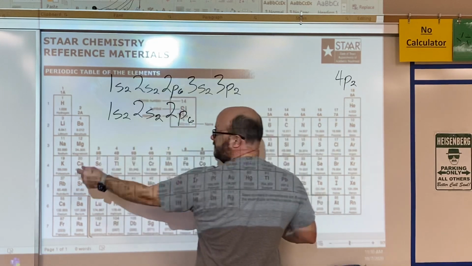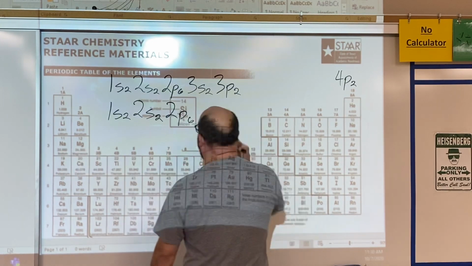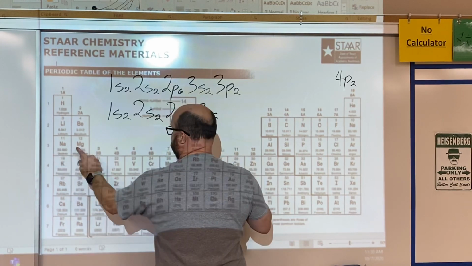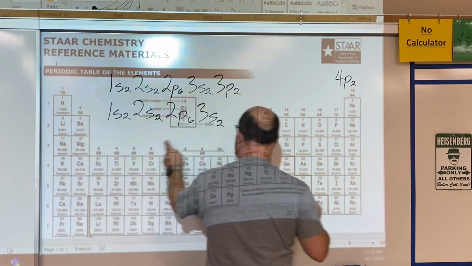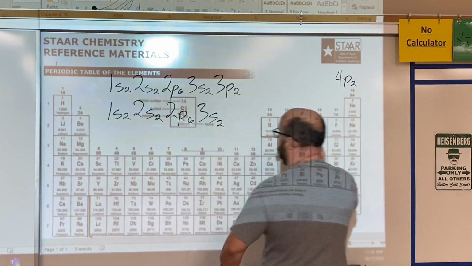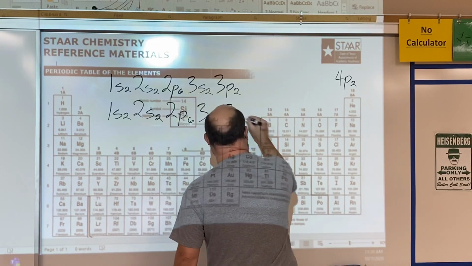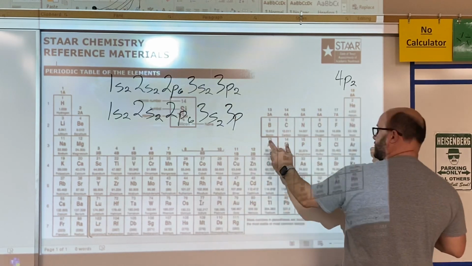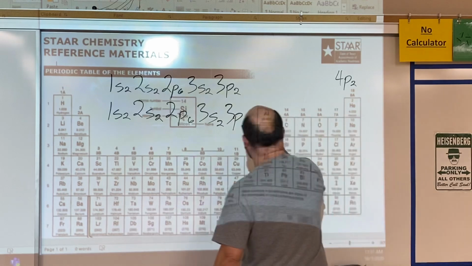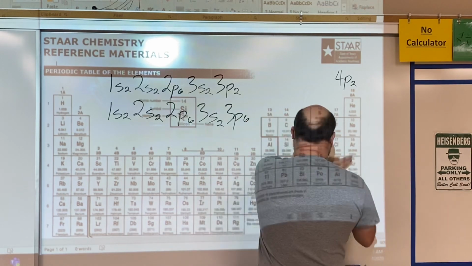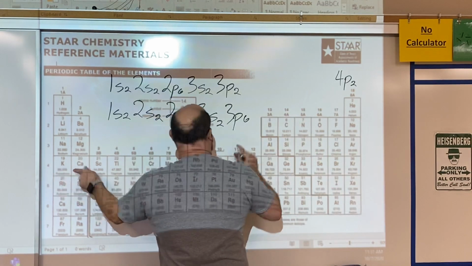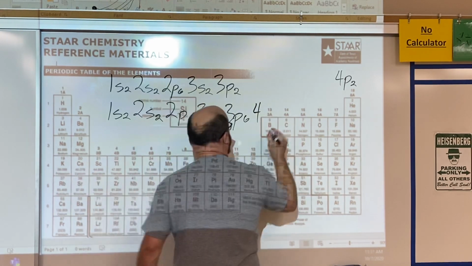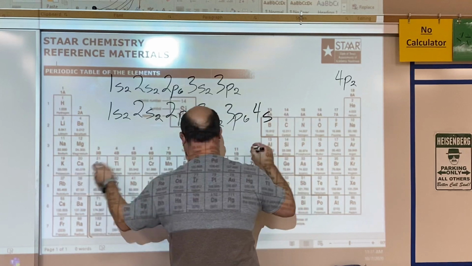Go back across, third period, s sublevel, covers both. Go across, still third period. We're in the p subblock. It's going to cover all 6. 1, 2, 3, 4, 5, 6. Go back across, fourth period, s sublevel, going to cover both.